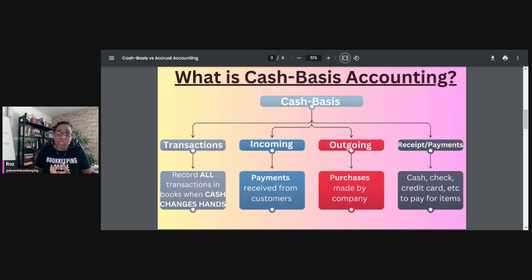So for your transactions, just understand that you record all transactions in the books when cash changes hands. For example, let's say you're a barber, and it's just simple, you're not looking at your cost of goods, your hair products and all of that.